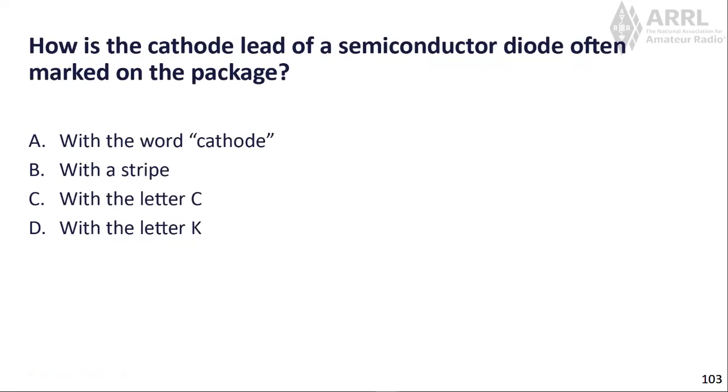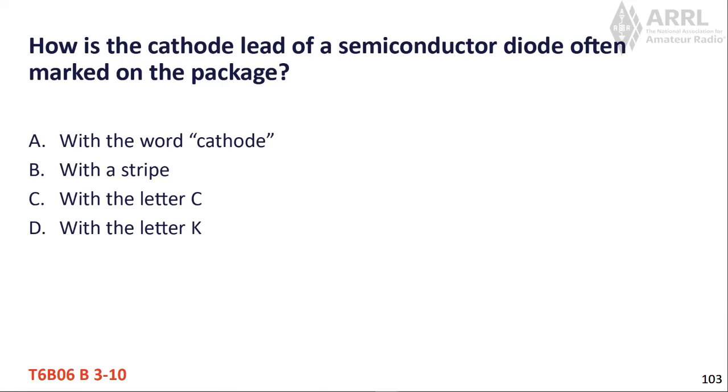How is the cathode lead of a semiconductor diode often marked on the package? Remember, there's 2 leads on a diode, the anode and the cathode. The current flows from the anode to the cathode, and we have a bar or a stripe on the diode to represent the cathode side.